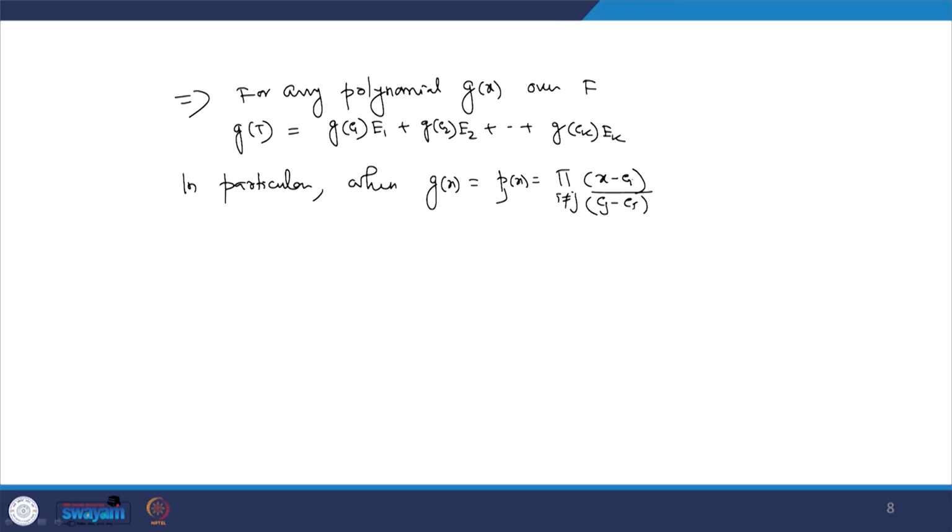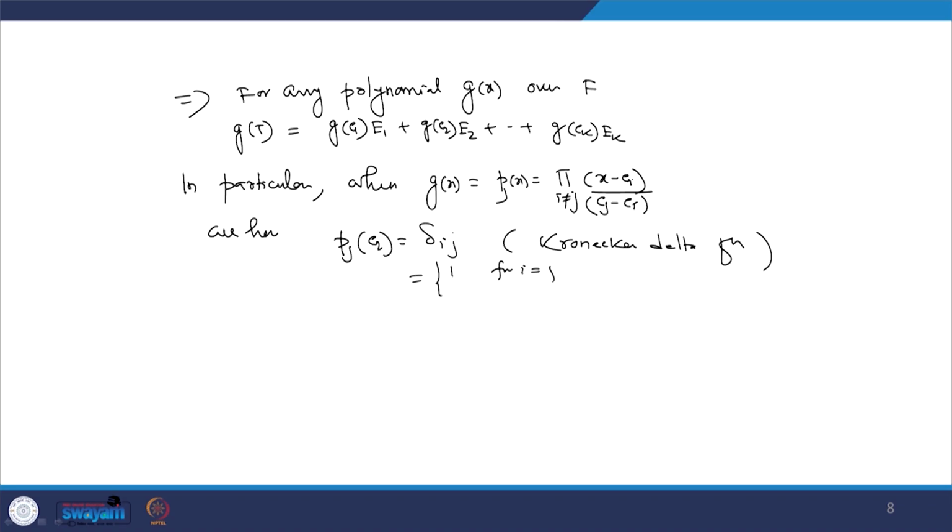If I consider like this, then we have Pj(Ci) equal to delta ij, the Kronecker delta function. So, this is equal to 1 for i equal to j, 0 for i not equal to j.